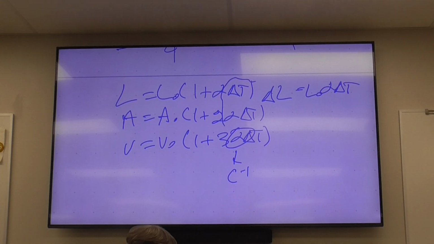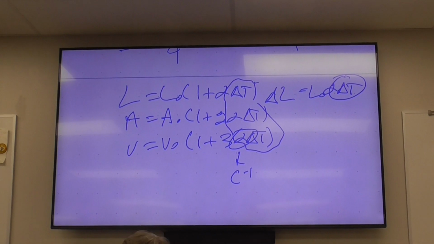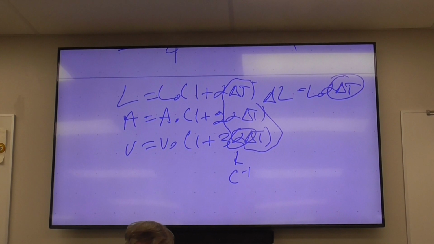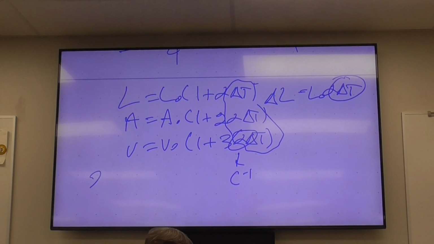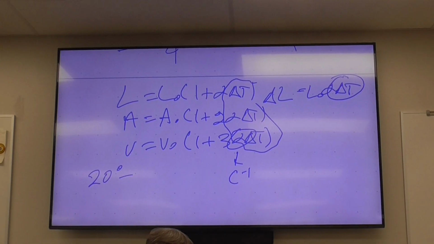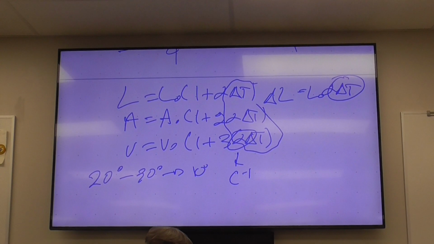First off, notice on all of these equations that this is change in temperature. That is not the temperature. This only plays out when the temperature changes. So if you go from 20 degrees Celsius to 30 degrees Celsius, that's 10 degrees Celsius in terms of change.